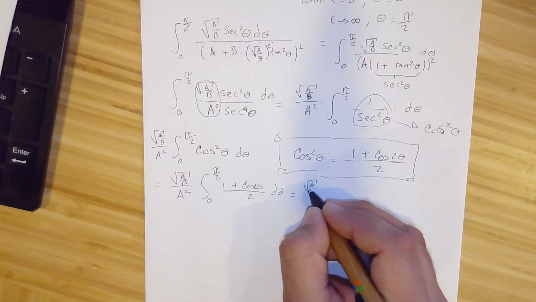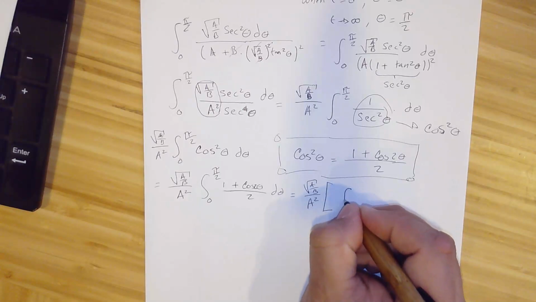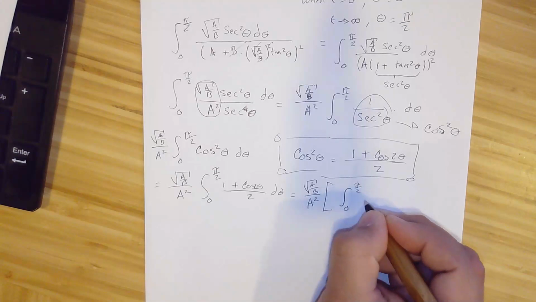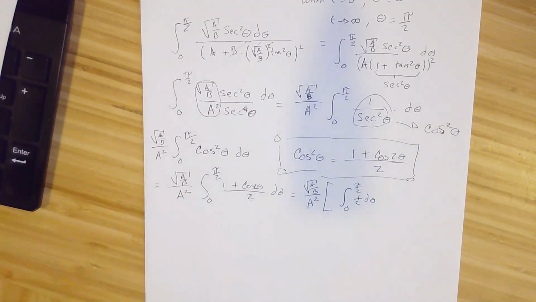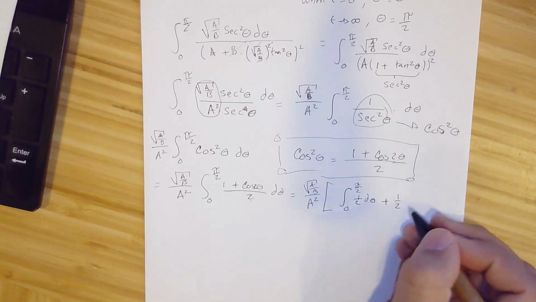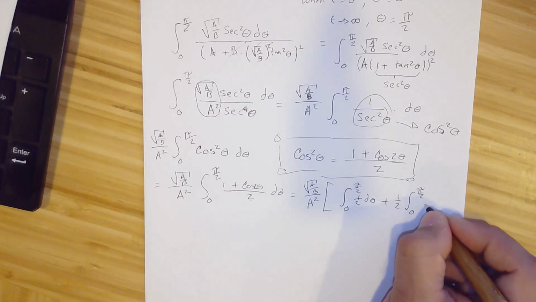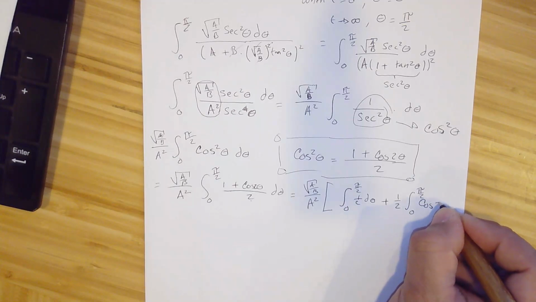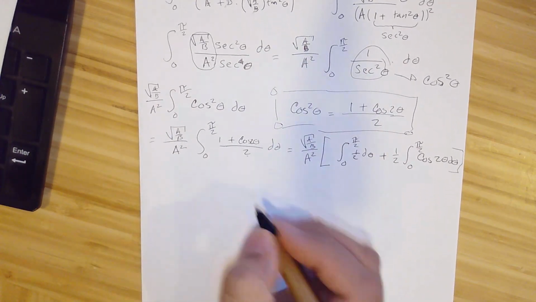So we will have again this square root of a over b over a squared, multiplied by the integral from 0 to pi over 2 of 1/2 the derivative of theta, plus 1/2 of the integral from 0 to pi over 2 of cosine of the double angle, 2 theta, the derivative of theta, right? And we can do this separately.